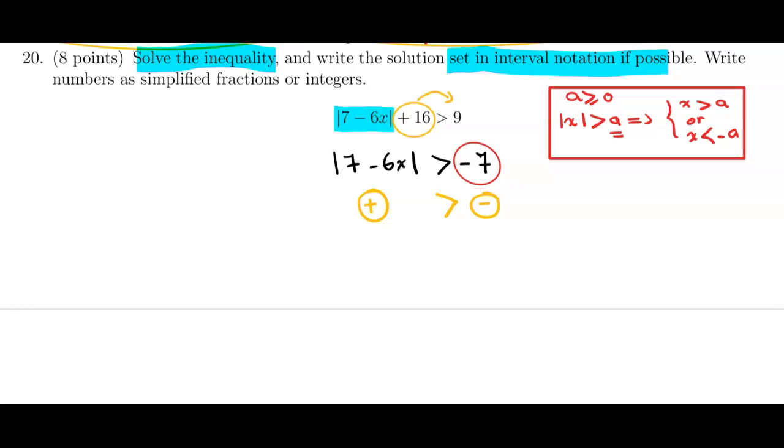And as we agreed on, if it is a true statement, what's going to be the solution? All real numbers. However, if it is a false statement, what's going to be the solution again? It's going to be no solution.